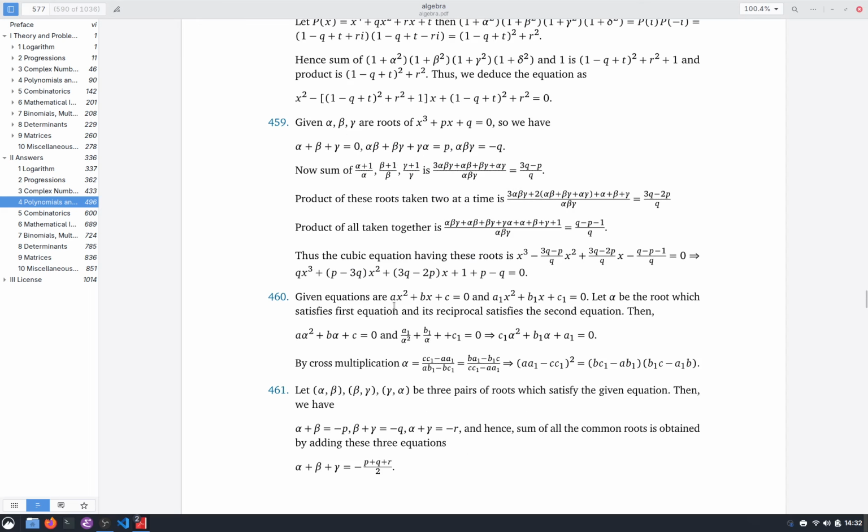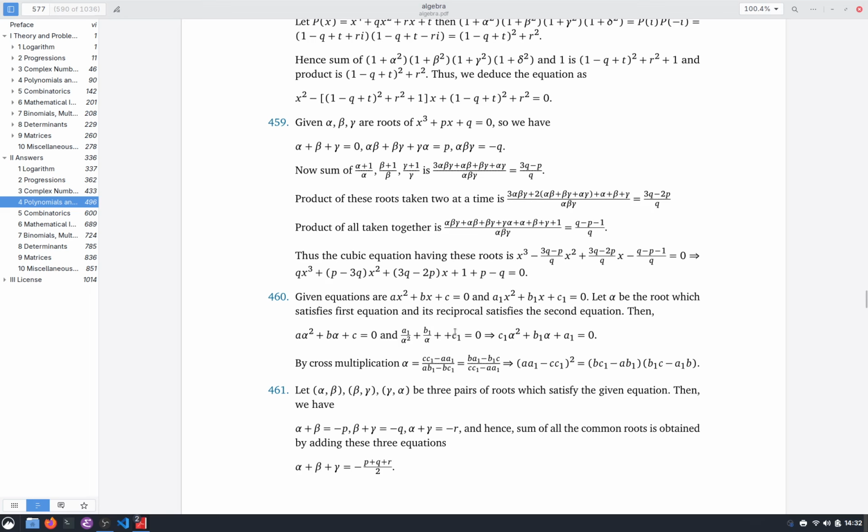So we let alpha be one of the roots of ax squared plus bx plus c. So we have a alpha squared plus b alpha plus c is equal to 0. Now reciprocal of alpha will satisfy the second equation. So we have a1 by alpha squared plus b1 by alpha plus c1 is equal to 0. That is c1 alpha squared plus b1 alpha plus a1 is equal to 0.